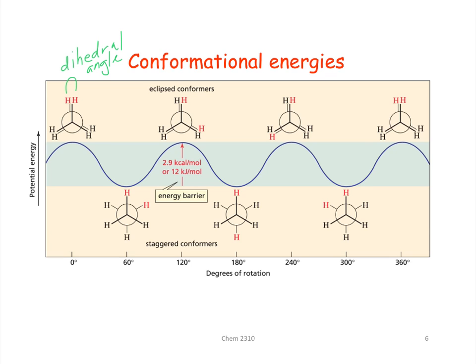So the angle of one bond on one carbon to the bond on another carbon. So in our starting point, almost our starting point, we have a 0 degree dihedral angle. So is this conformation, is that staggered or is that eclipsed? That would be eclipsed, right?